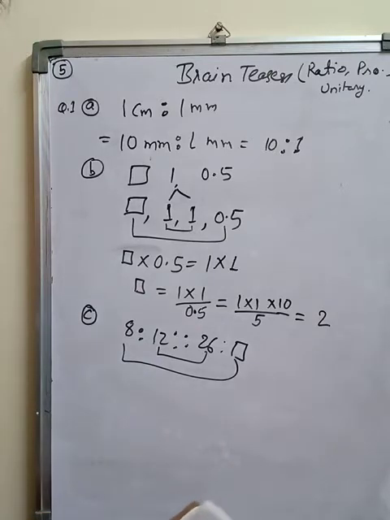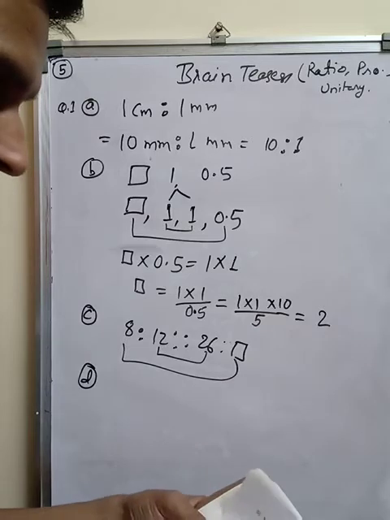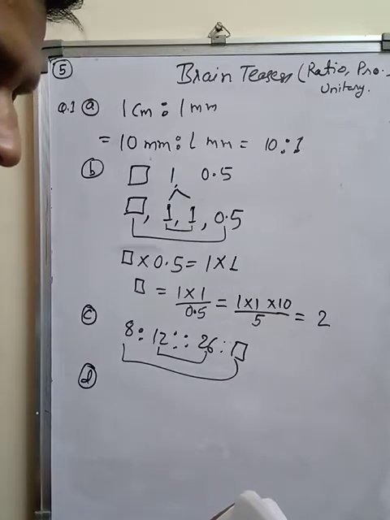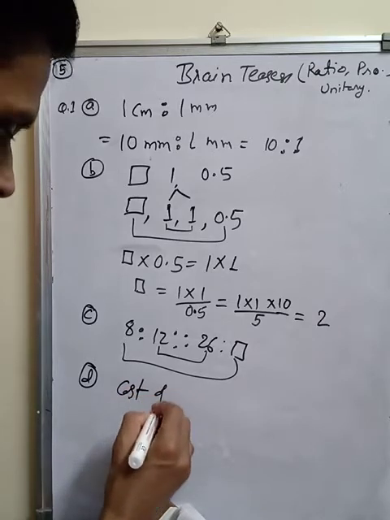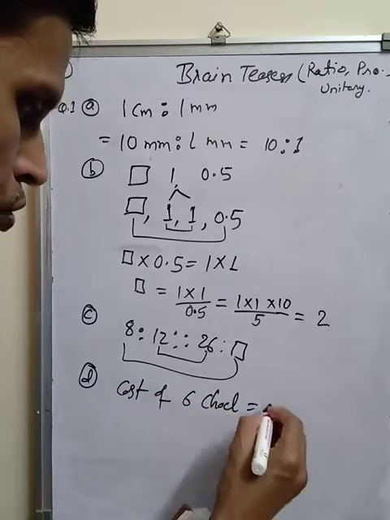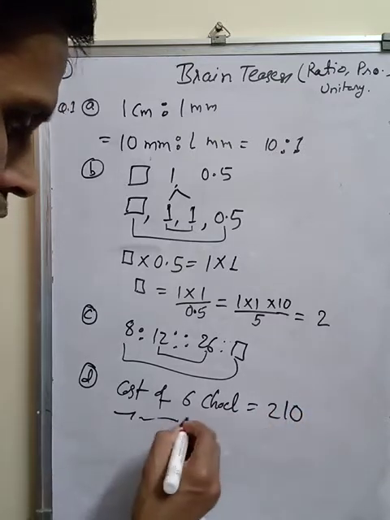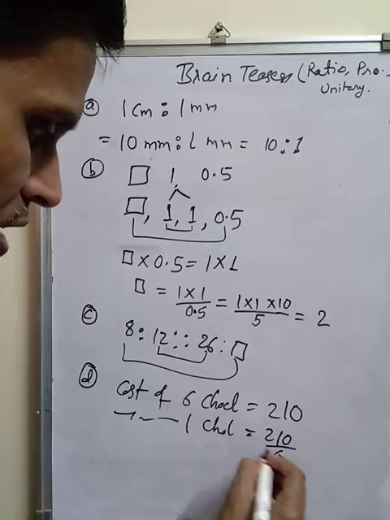Now question number D. It is given the cost of 6 chocolates is this many rupees. Find the cost of 4 chocolates. So what will we write? First we will write cost of 6 chocolates is equal to 210. Then cost of 1 chocolate is 210 upon 6.